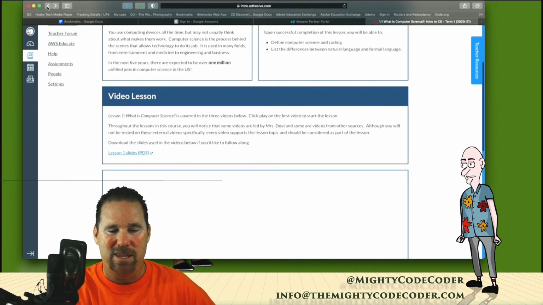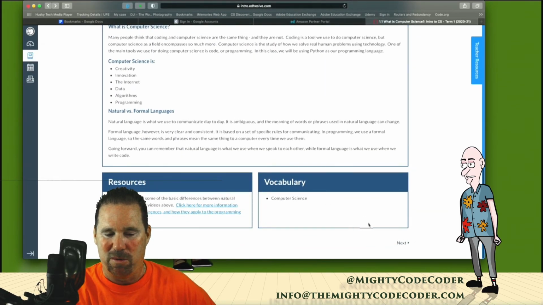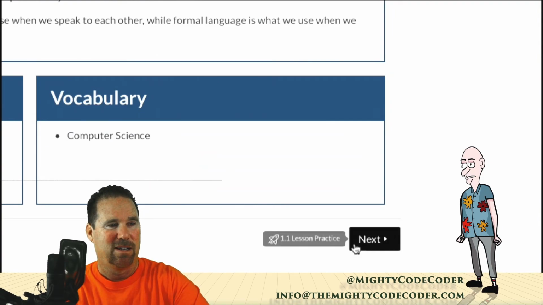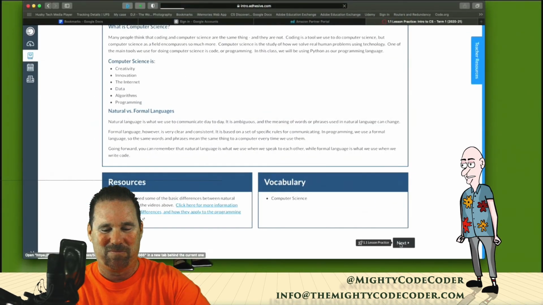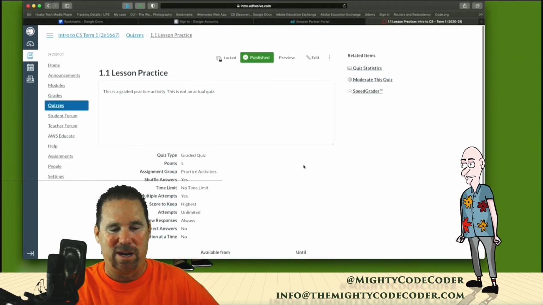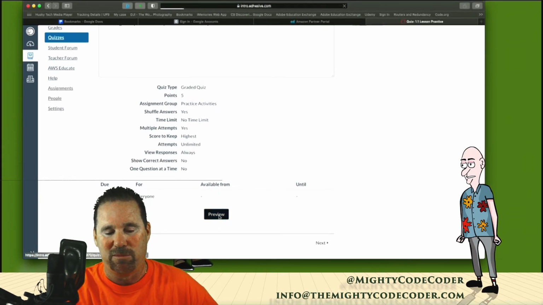So in your unit work, you just remember you keep on going next down here. And so there's practice. This is a graded quiz. There's quizzes and surveys throughout, and remember, you have to do them to move on.